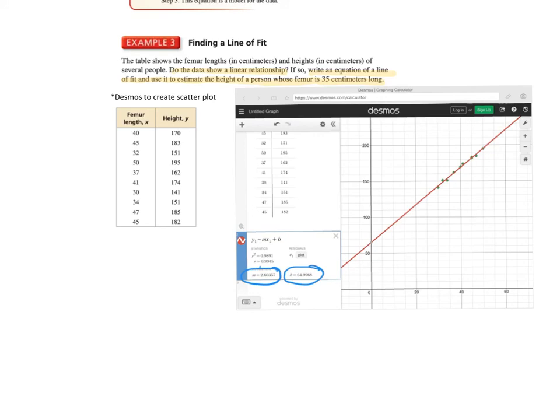Okay. Now I want to talk about something else. Right here is this R. This R value is called a correlation coefficient.